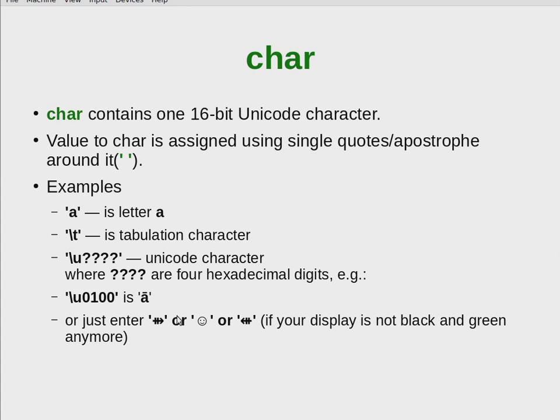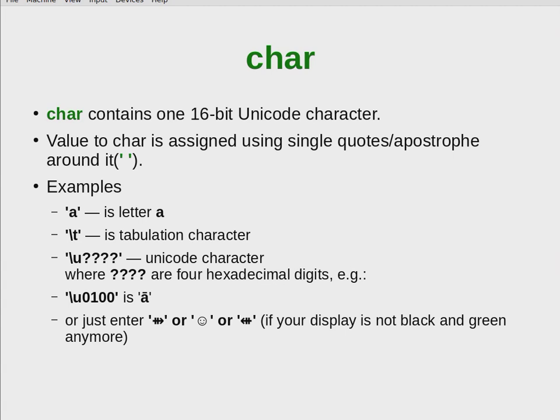And that means it can store approximately 65,000 or 2 in power of 16 different values. And what is very important to remember is that not every character you see on screen is one single character inside Java programming language.